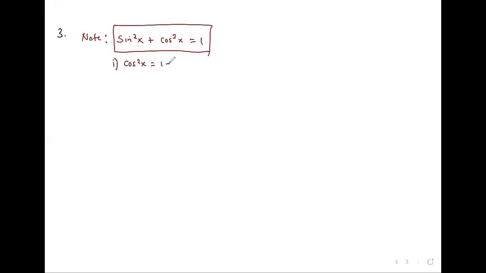To prove all the identities in mathematics, especially in this course, the one that you need to know is that sine squared x plus cos squared x is equal to 1. If you know this identity, then you know a lot, because from this, if you solve for cos squared x, you just take sine to the other side.